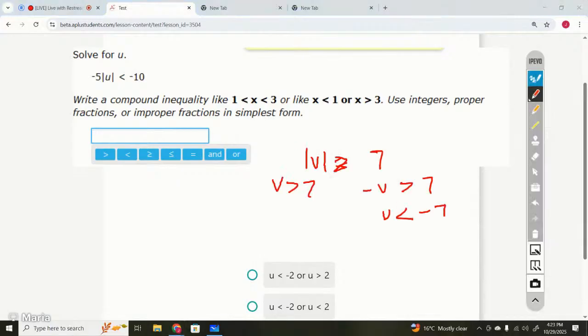Negative 5, absolute value of u is less than negative 10.